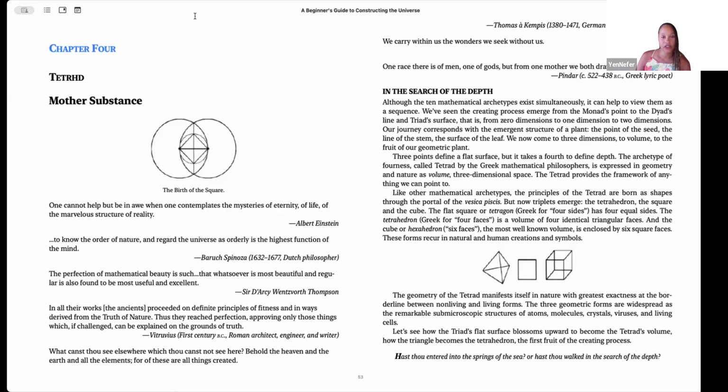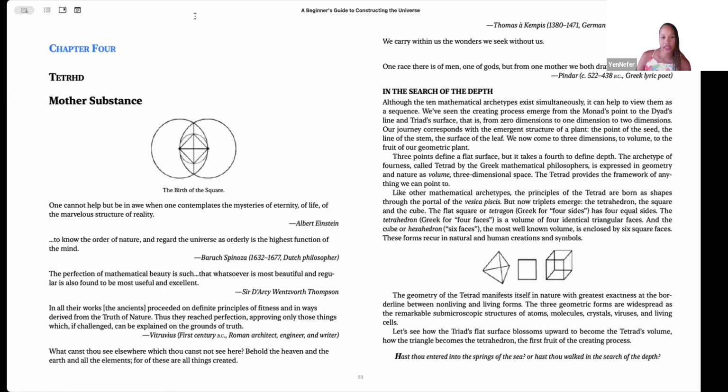To know the order of nature and regard the universe as orderly is the highest function of the mind. The perfection of mathematical beauty is such that whatsoever is most beautiful and regular is also found to be most useful and excellent. In all their works, the ancients proceeded on definite principles of fitness and in ways derived from the truth of nature. Thus, they reached perfection, approving only those things which, if challenged, can be explained on the grounds of truth.